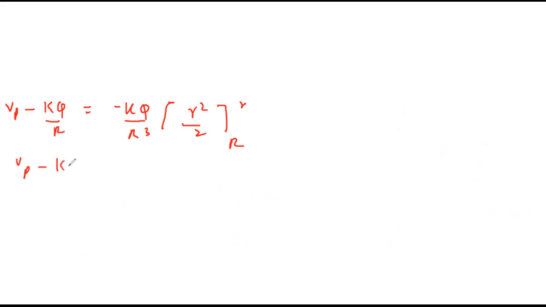So this is like Vp minus Vs. Vp minus KQ by R equals minus of KQ upon R cube inside. Integration of r will become r square by 2 from capital R to small r. So Vp minus KQ by R equals minus KQ upon R cube, r square by 2 minus capital R square by 2.